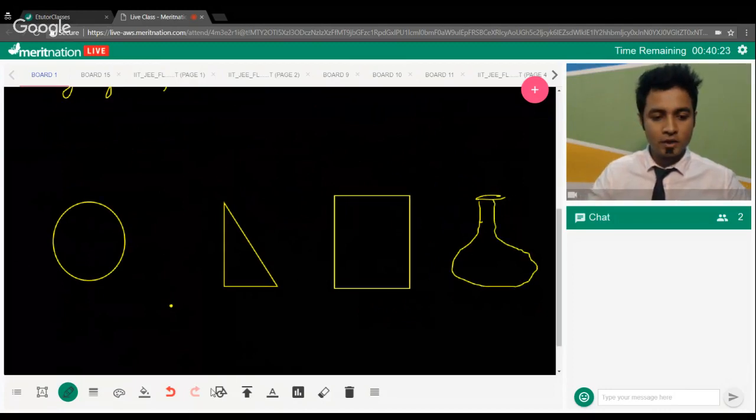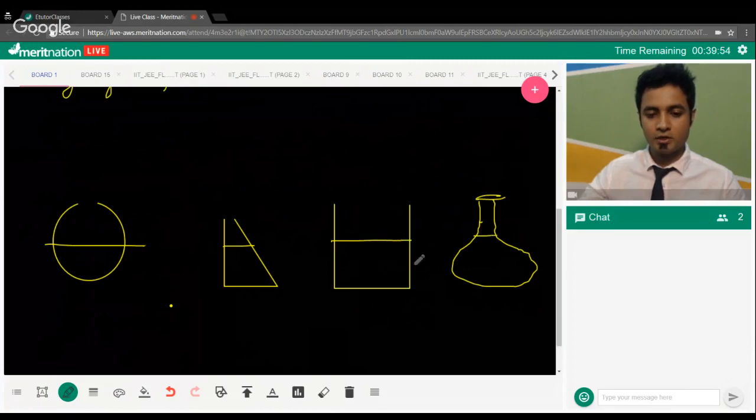And everywhere. Okay. So everywhere the liquid is filled up to a height of h. Just a moment. Everywhere the liquid is filled up to a height of h. Okay. In all of them.